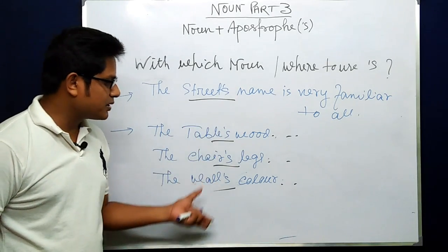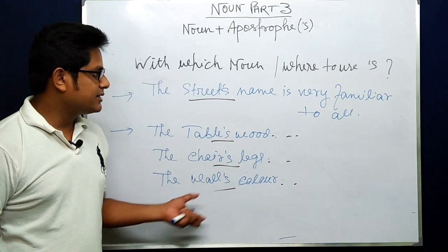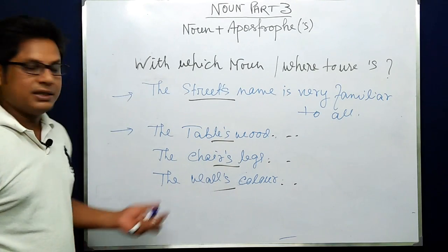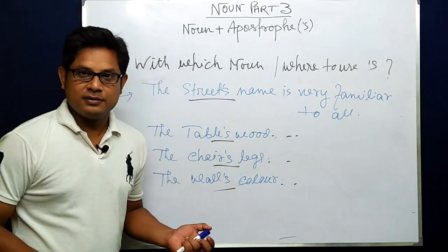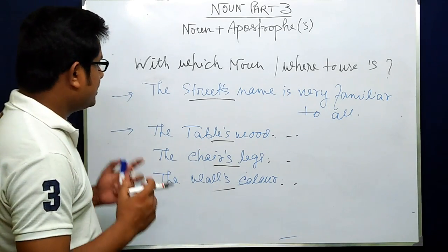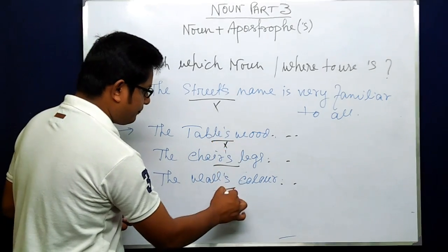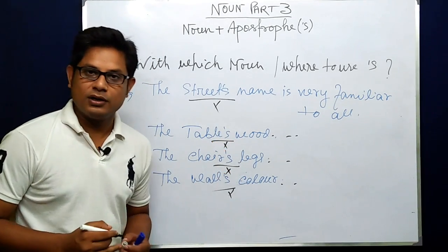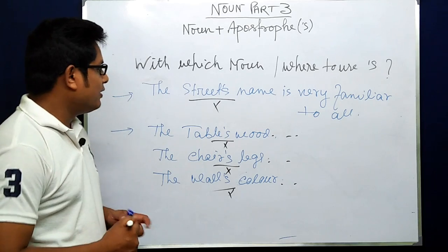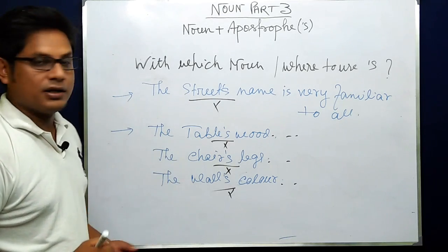Means whether these parts, whatever I have written on this board, are correctly used or not, right? Now the rule says no, these all are wrong. Whatever I have used, these all are wrong.